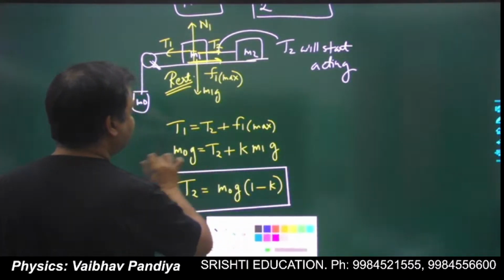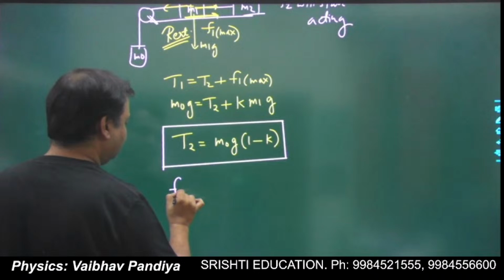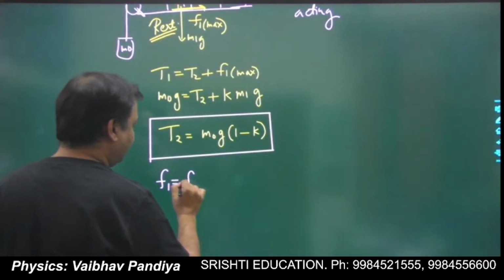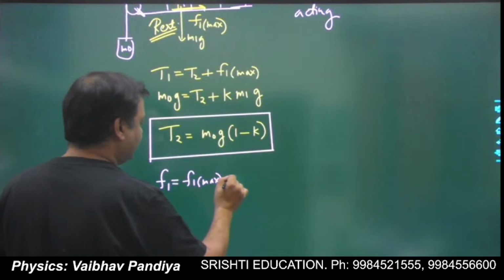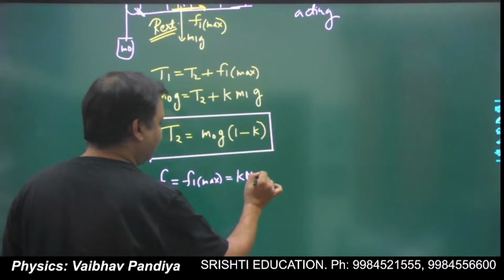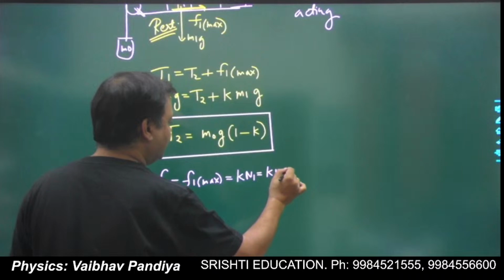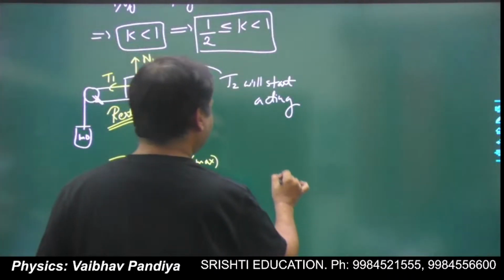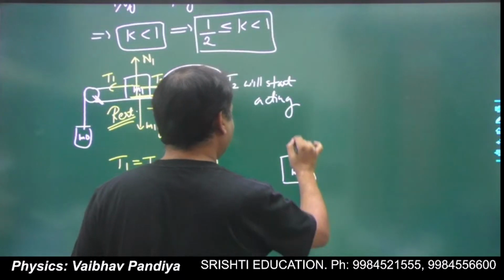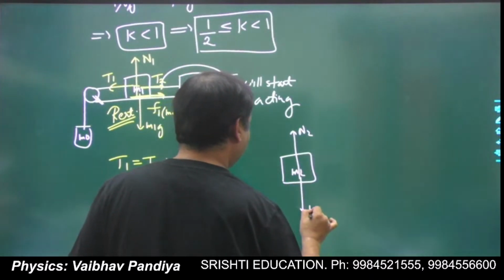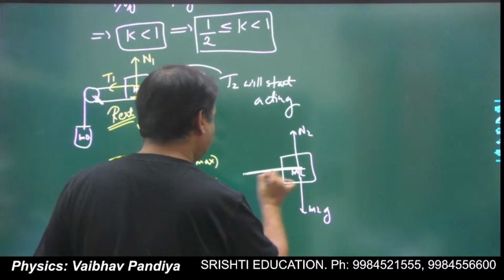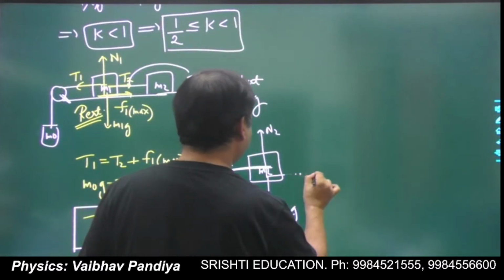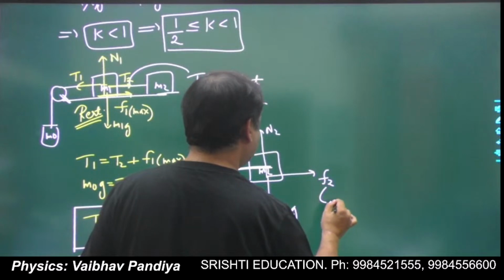Now what will be the frictional force on M1? Since it is acting at its uppermost limit, F1 will be F1 max. So it will be K N1, that is K M1G. This is the frictional force on the first block. Now if you come to the second block, one normal force is acting, one M2G is acting. Now it has a tendency to move, because tensile force T2 is acting on it, and a frictional force F2 will act on it, which is again static.